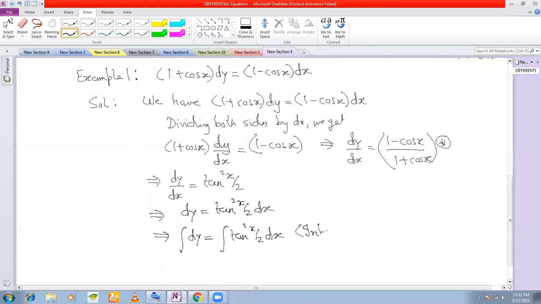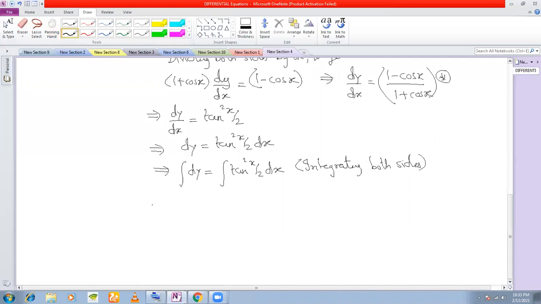Integrating both sides, what am I going to get? I am going to get integral dy is y simply. And how will you integrate tan square x by 2? You write this as sec square x by 2 minus 1 dx.